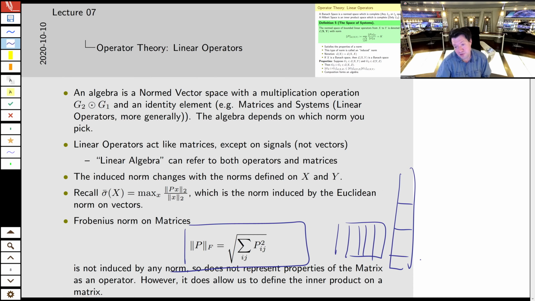And likewise, if you represent this as the column version of M, it's a vector, and so you can define the inner product space, but it's next to useless. So we don't work with it very much. It does define an inner product space, but not in any useful sense. Nothing we can work with. So we're going to ignore the Frobenius norm on matrices for the most part.